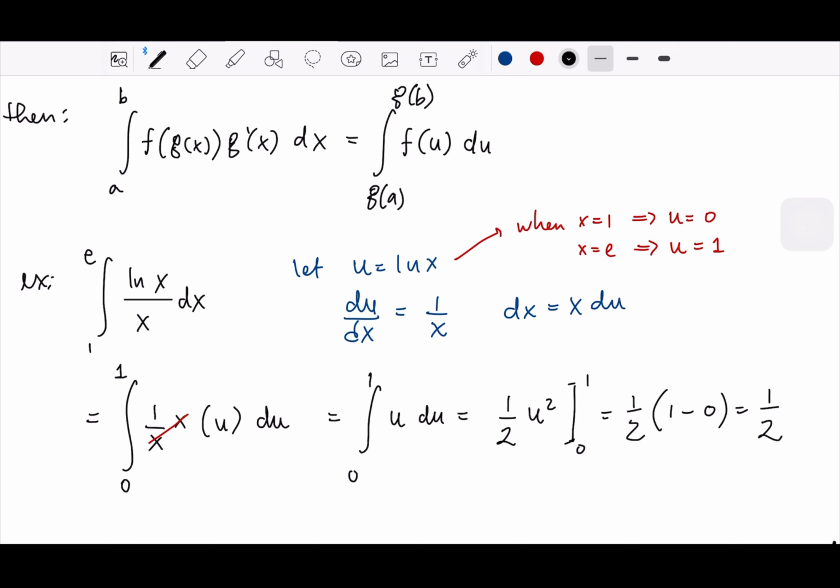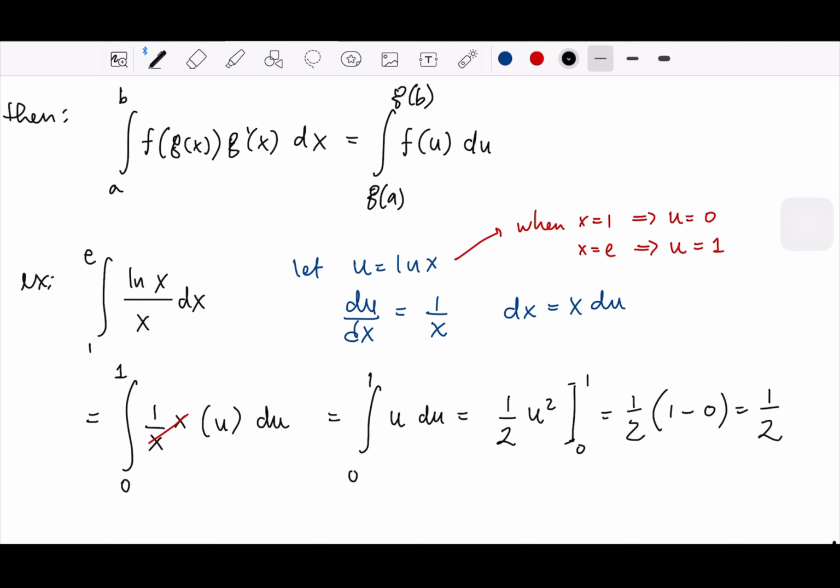But this is also a choice. If you want to keep 1 and e as they are, it's okay, if you are going to rewrite u as x. For example, we integrate u and it becomes 1 over 2 u squared. So if you change u into x, then you also need to change this back to the original expression.